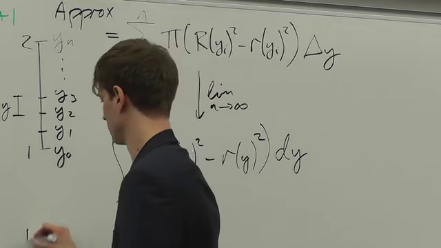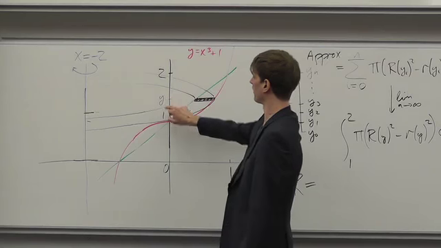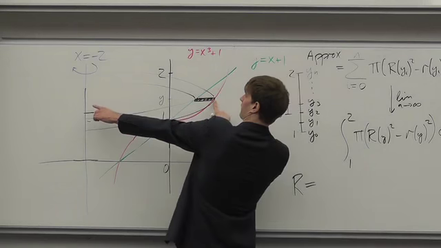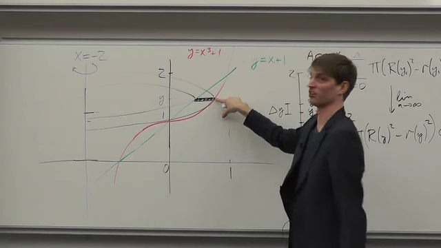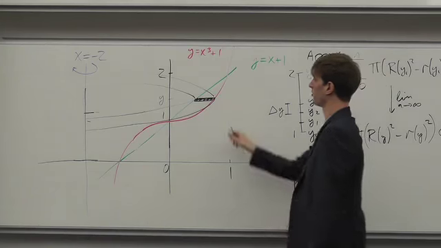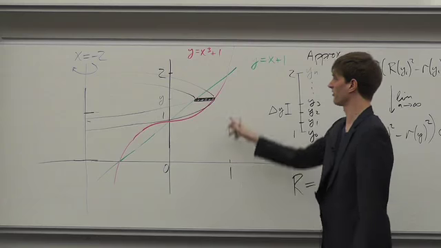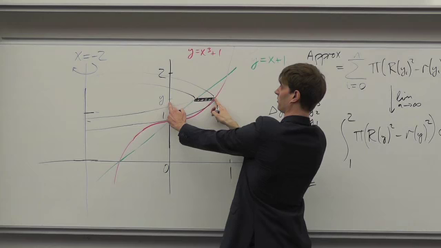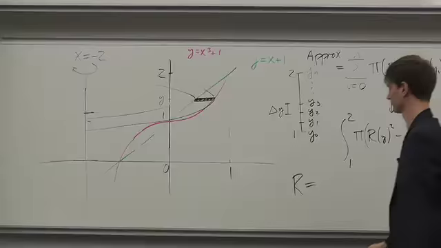So let's do that. Let's think about what big R is. At a given height y, what is this big R? Big R is this big radius. It's the radius from x equals -2 all the way out to this red curve at height y. And I know how far this red curve is from the y-axis. It's just its x-coordinate there. So what I'll do is figure out the x-coordinate of this red curve and then add that distance onto 2, and that's going to give me the big radius.